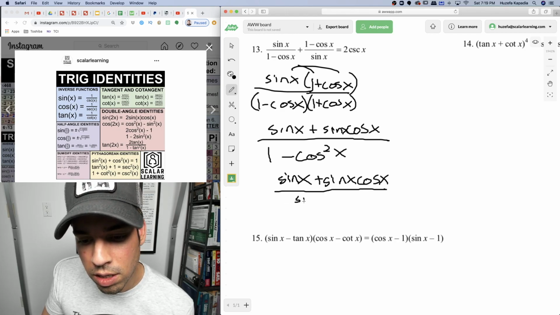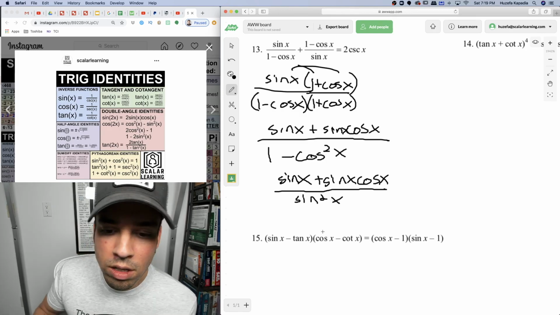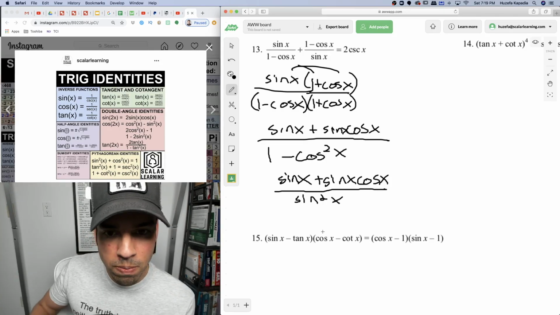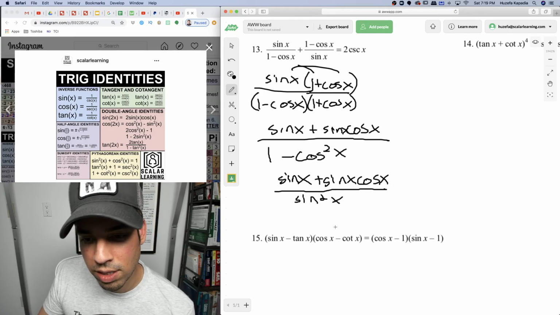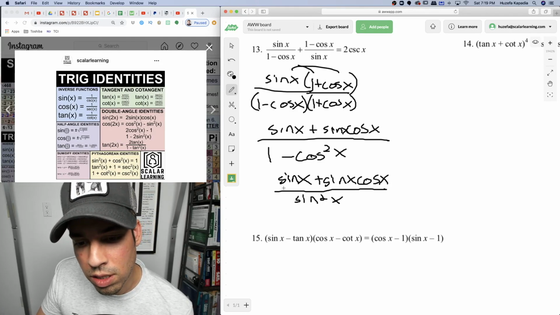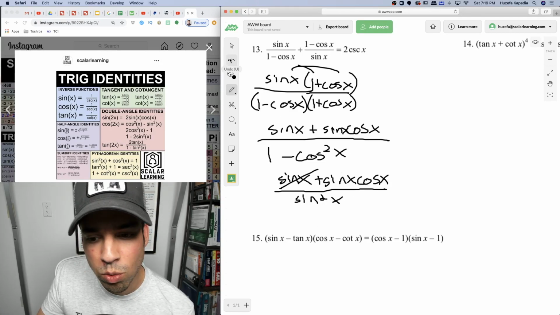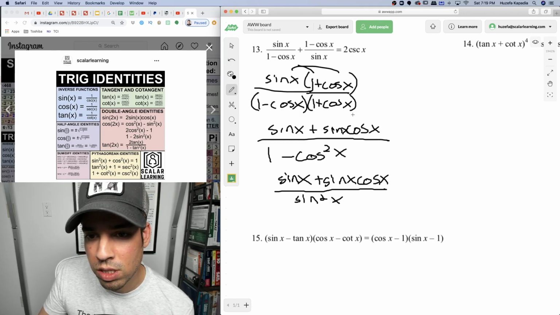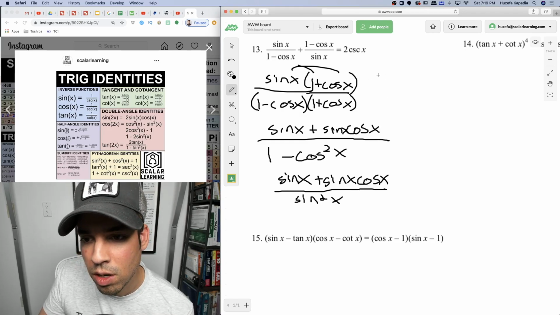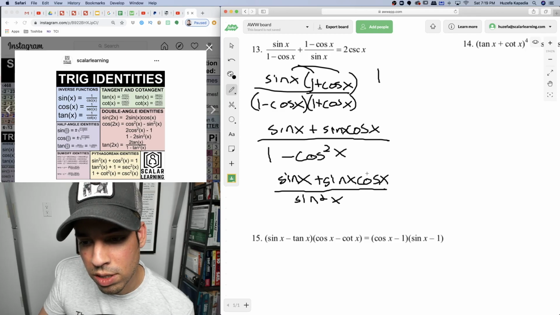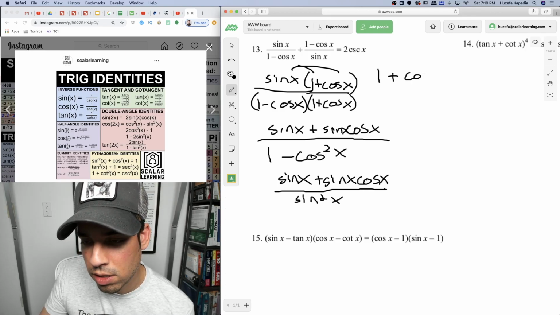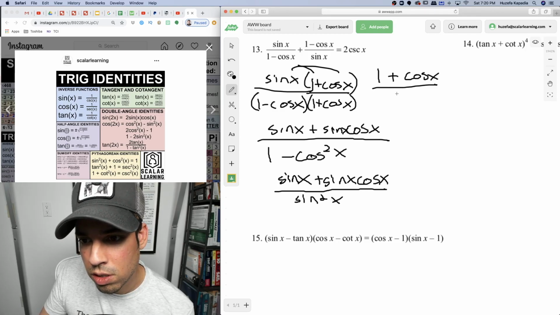Over sine squared x. Now that is really, really helpful because all of these sines are going to cancel out, right? So this is going to cancel out, well, it won't cancel out, it turns to 1. That'll cancel out and that'll just turn into a sine. So down the left side becomes 1, right? That turns into 1. That just becomes a nice cosine of x over sine of x.